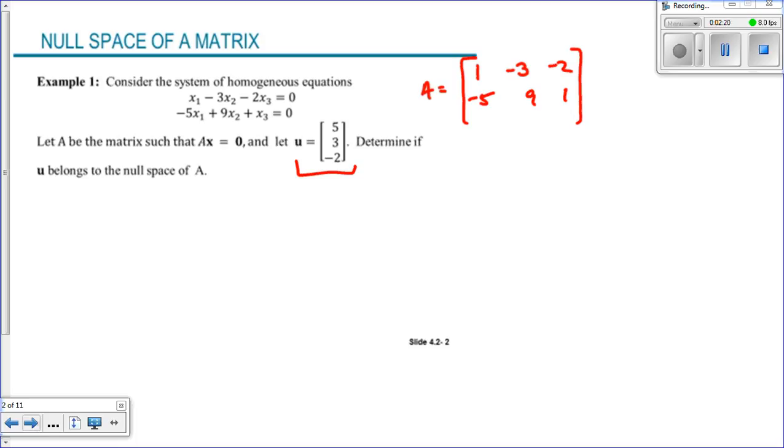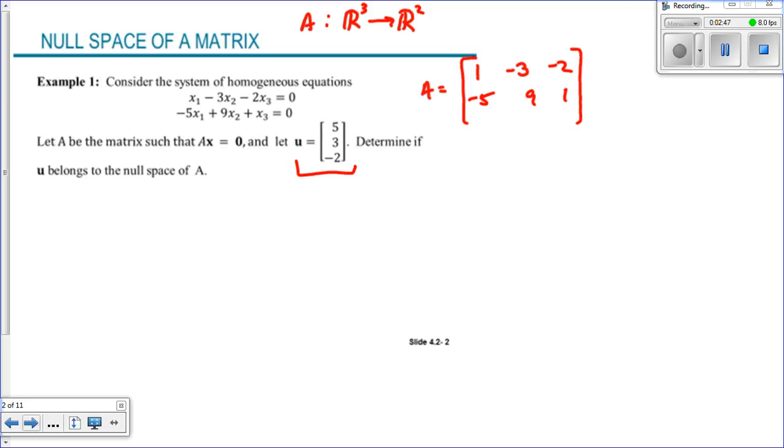To be in the null space, we know that it has to be an element in Rn. In this case A is a 2 by 3, so A is taking a vector in R3 to a vector in R2. So when you multiply a vector by A, it has to have 3 components, and u does, and you're going to get an answer that has 2 components, something in R2.